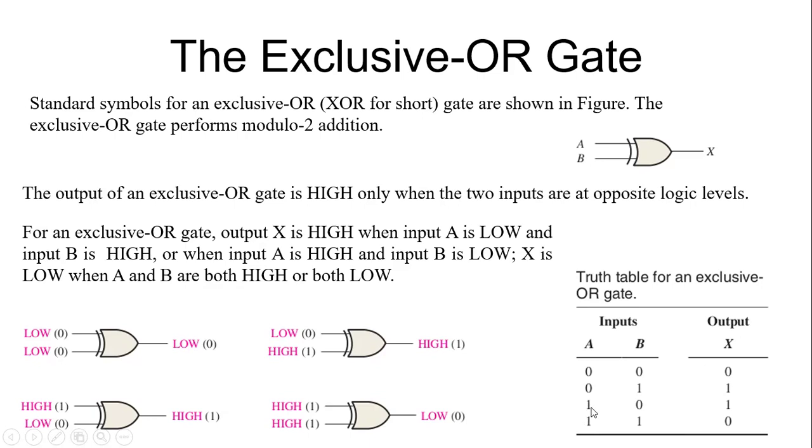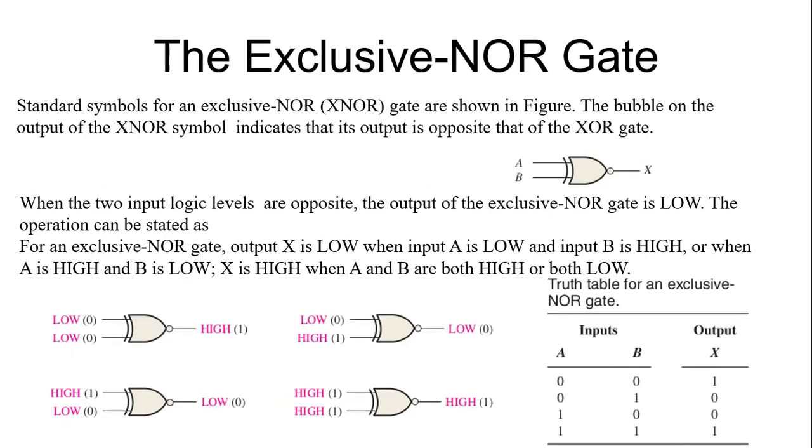When A is 1 and B is 0, the output is 1. For these two combinations the output is 1 because the inputs are at opposite logic levels. For the first and last cases, when both are 0 0 or both are 1 1, the inputs are at the same logic level, so the output is 0 for both cases. This is the operation of the exclusive OR gate.